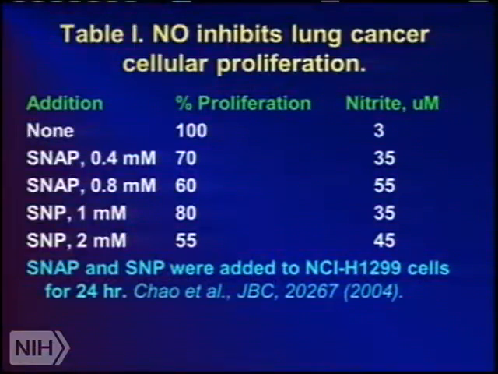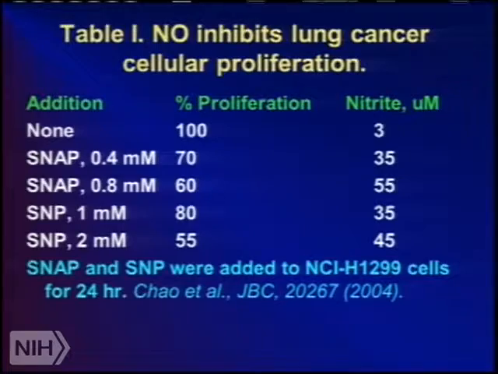So here's an experiment that we did where we're adding SNAP, various doses, to the lung cancer cells. And we see that if you're using millimolar doses, the growth goes down. And in turn, the nitrite concentration is elevated.